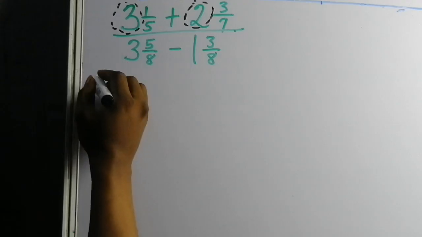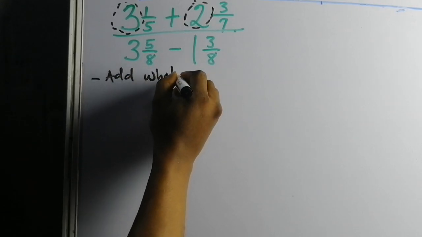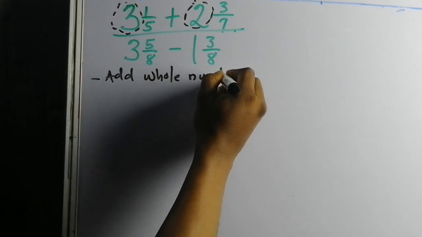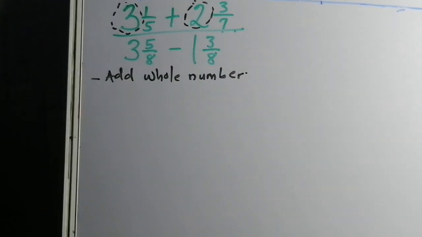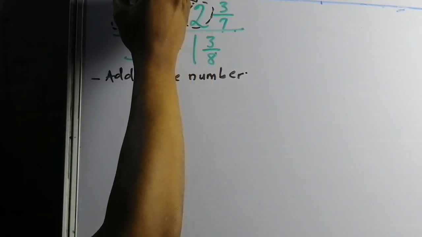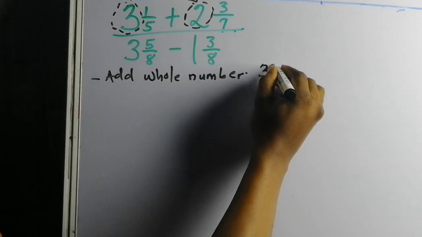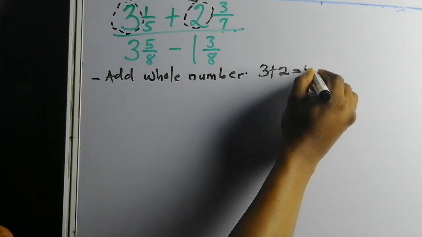So first add the whole numbers, that is beside the mixed fraction or improper fraction. You add these two together, that's 3 plus 2.